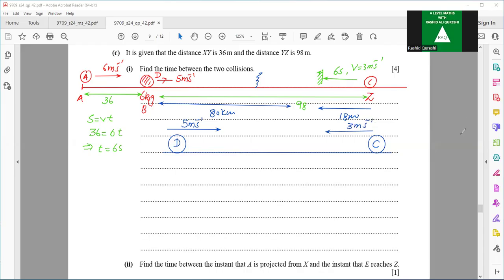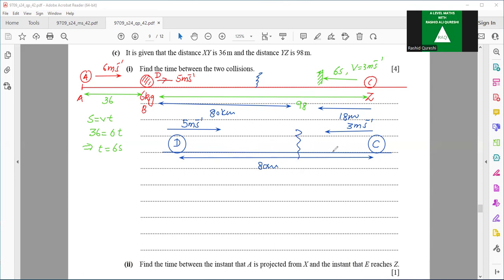And we have to find that distance, because the remaining distance, according to our previous data, is 80 meters. Suppose both the particles collide over here at this point. That is the second collision.